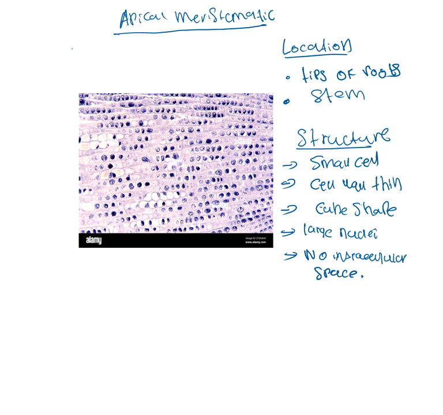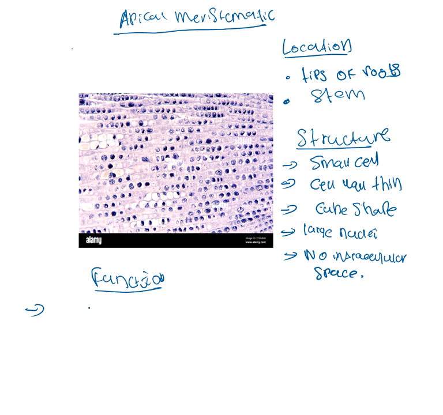What is the function of this meristematic tissue? Why is this meristematic tissue very important? This meristematic tissue primarily plays a big role in the length of the plants. If the plants grow taller, it's due to this meristematic tissue.